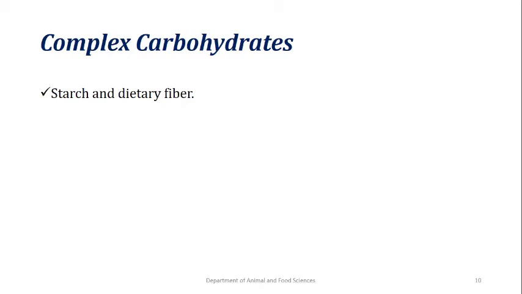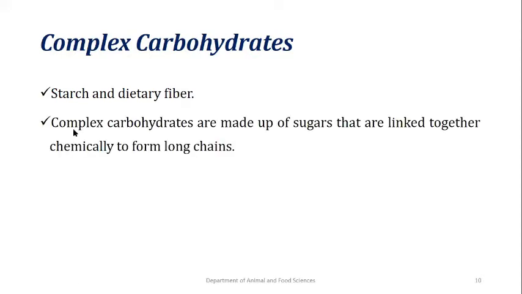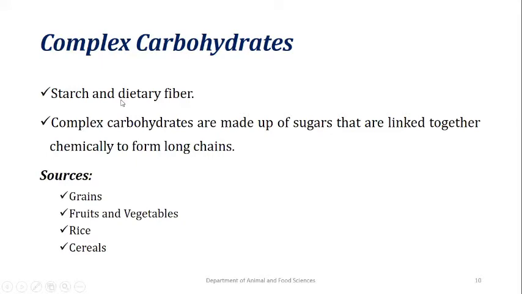Complex carbohydrates are made out of sugars linked together chemically to form long chains, that means polysaccharides. The major sources are grains, fruits and vegetables, rice, and cereals.